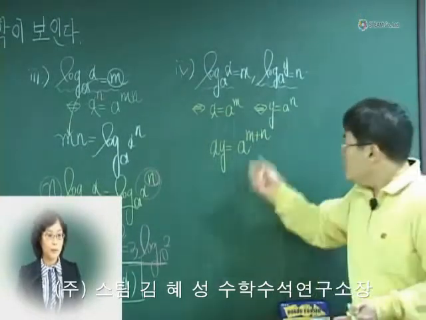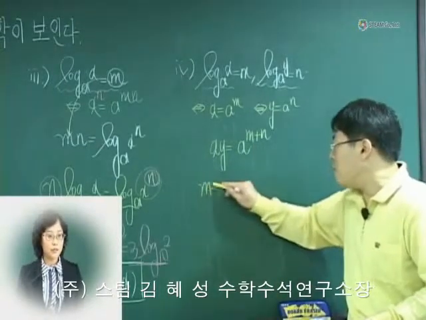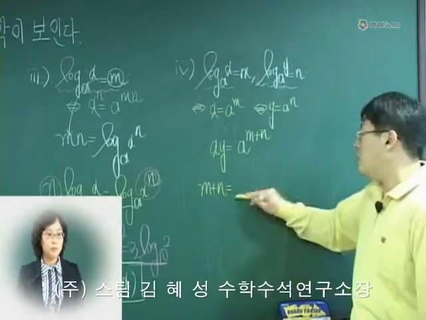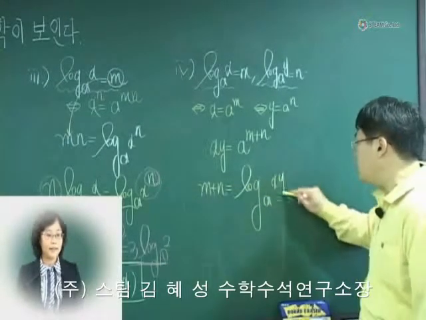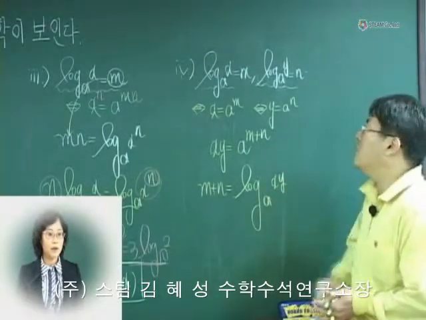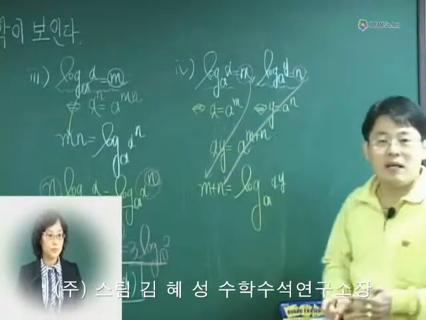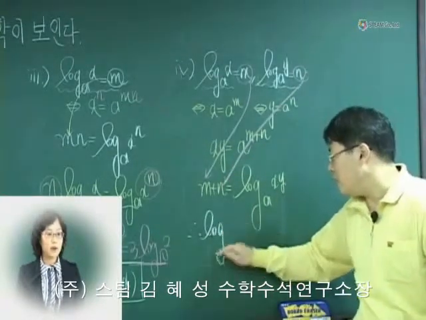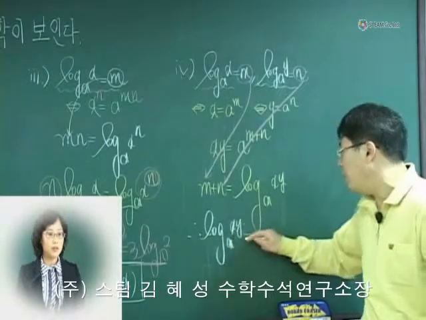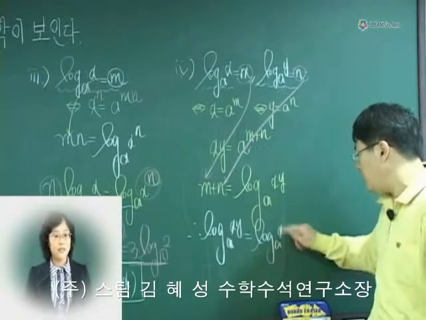Okay, the m plus n relation, log base a of xy. Let's substitute. Go back to the original. Log base a of xy equals log base a of x plus, what is n?